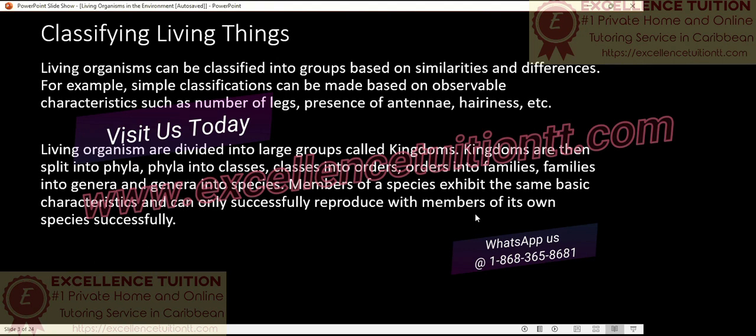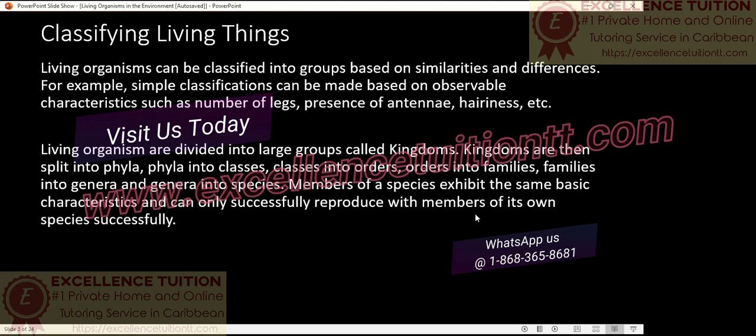So if you were given a sample of insects and you see some have 8 legs, some have 6 legs, you know a characteristic of insects is that insects only have 6 legs. So the ones with 8 legs would be maybe a spider, and they would be arthropods.